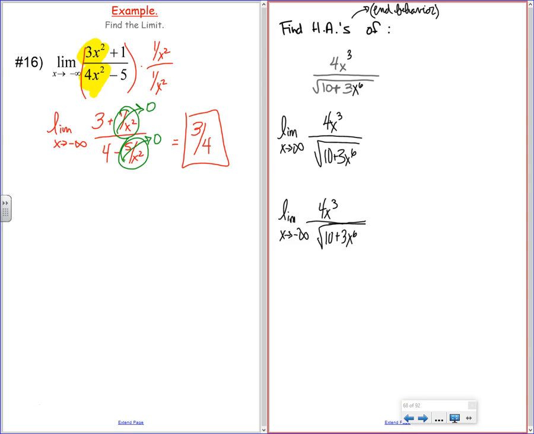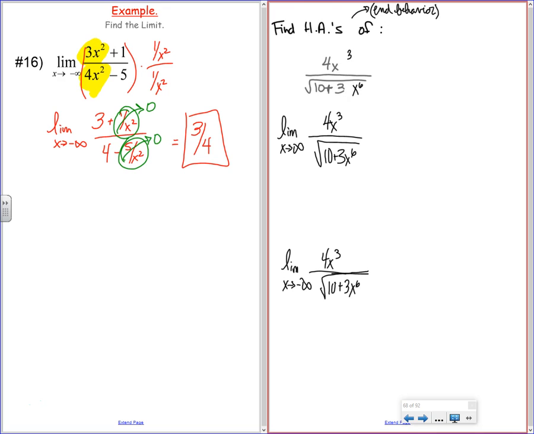So to go to the right, to go to the left, some of that terminology that we used back in chapter 1 or 2, we have to take the limit as x approaches positive infinity or as x approaches negative infinity. So this is still answering the question of how to find the horizontal asymptotes of the given function.